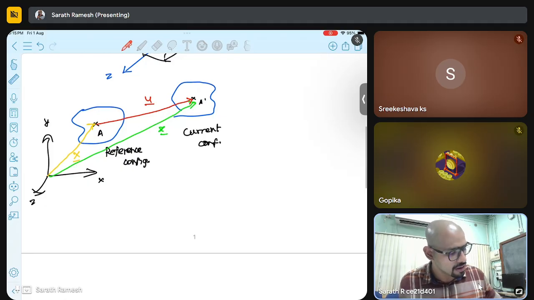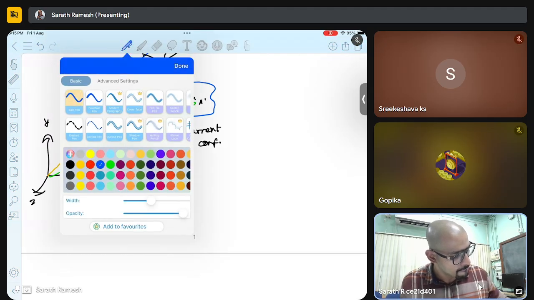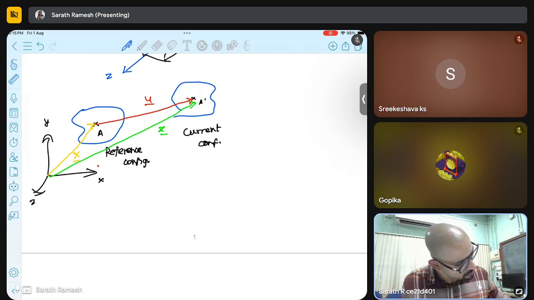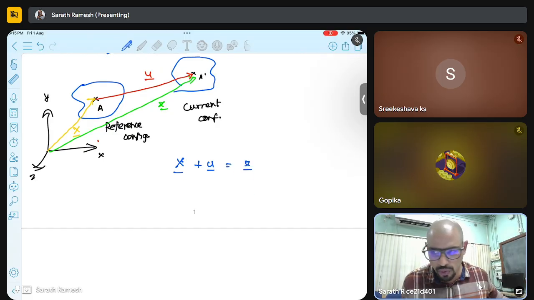Now, using the vector law of addition, we can write capital X plus u vector is equal to small x vector. So u vector can be written as small x minus capital X. Right?